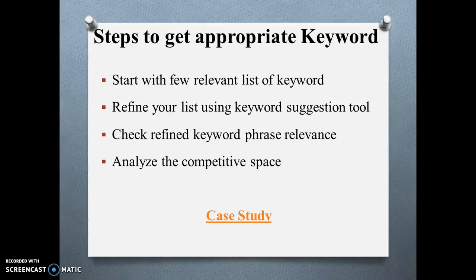So it will provide you the statistics about a keyword. Then from those suggestions you need to pick up some relevant keywords. Then those relevant keywords you are supposed to cross-verify with your content, whether they are appropriate to you or not. And finally you are supposed to do competitive space analysis.